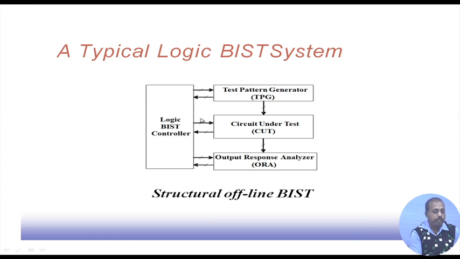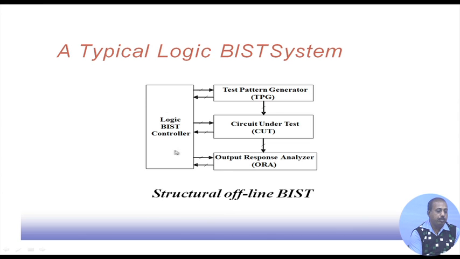From the outside world we can just give the command to start testing, and when it starts testing, this response analyzer ultimately comes up with the answer yes or no. The system may be correct, the system may be incorrect. There may be some fault, and those are detected by this response analyzer.